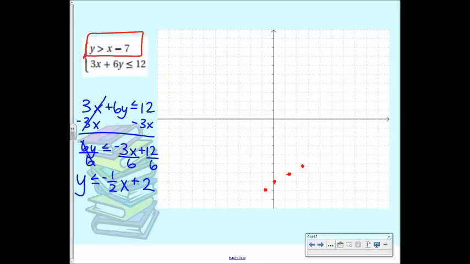Okay, it's going to be a dotted line. So there's our dotted line, right? That looks good. So I'm going to extend it a little bit further just so we have a good boundary there. That's okay, they look perfect. Okay, who can come do the blue one? So our equation is y is less than or equal to negative 1/2 x plus 2.